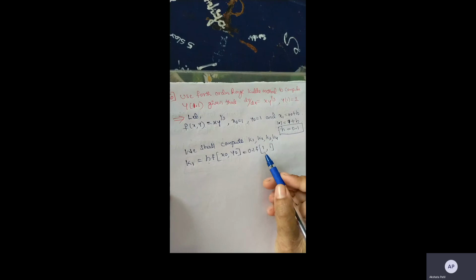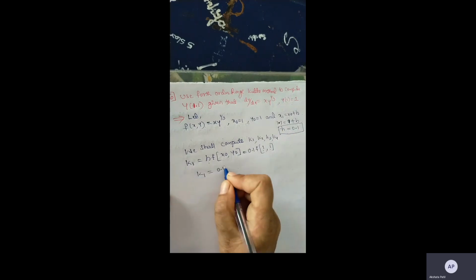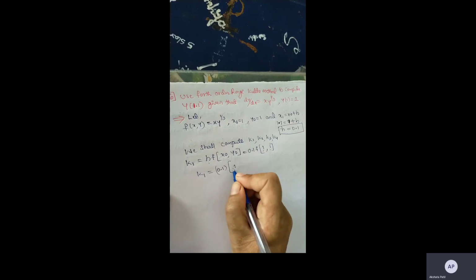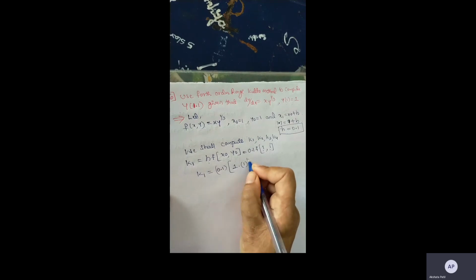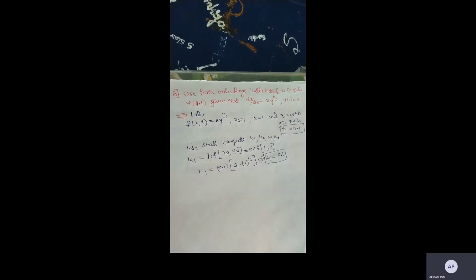So use these x0 and y0 values in the given differential equation, that is x into y raised to 1 by 3. So K1 equals 0.1 into 1 into 1 raised to 1 by 3. After simplification, you will get K1 equals 0.1.